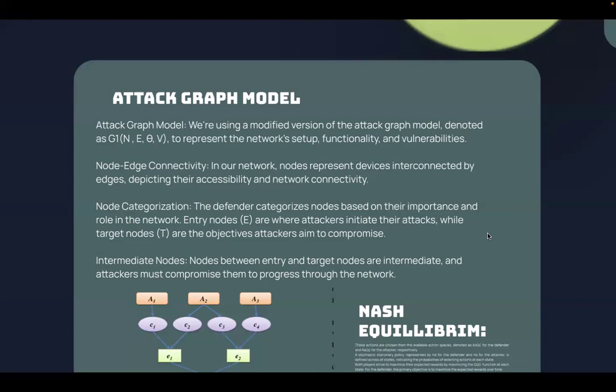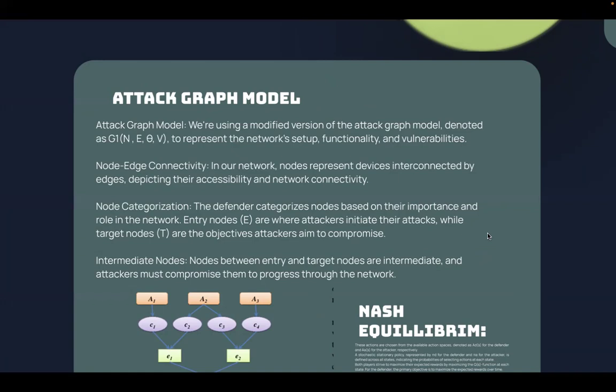Entry nodes E are where the attacker initiates the attack, while target nodes T are the objectives attackers aim to compromise. The rest are intermediate nodes that attackers must compromise as they move from an entry point to a target. Each node represents a device in the network with a vulnerability that attackers can exploit to reach other nodes.